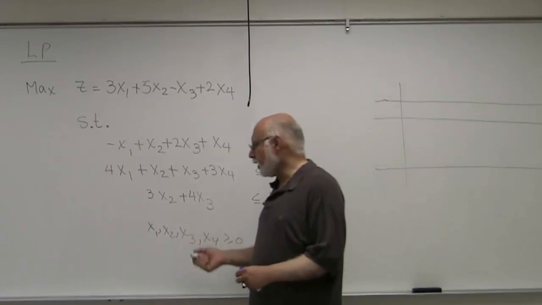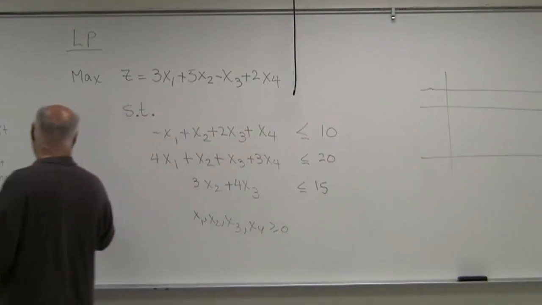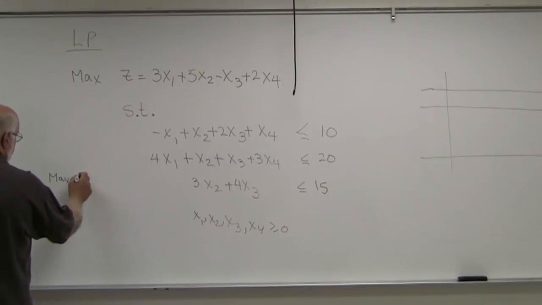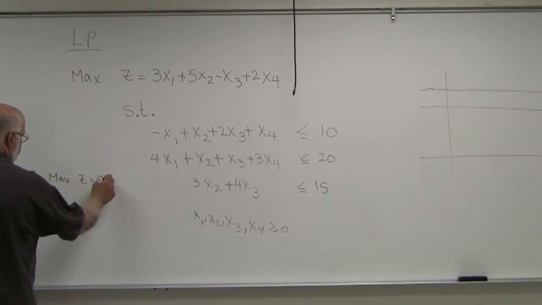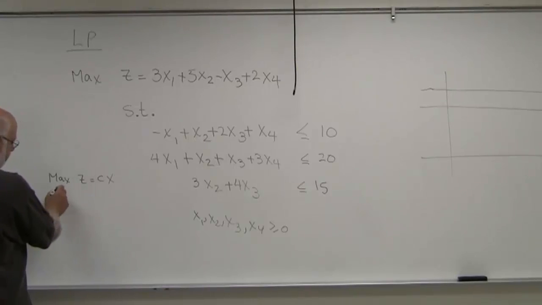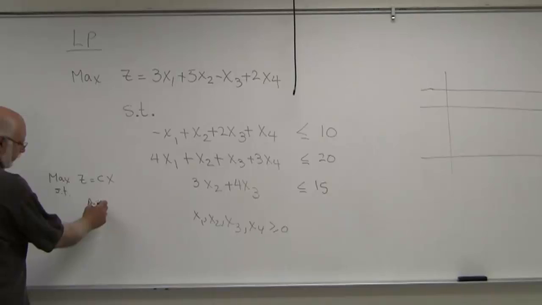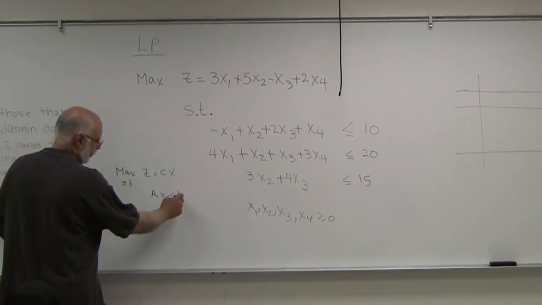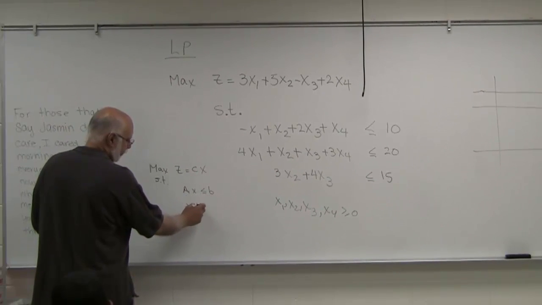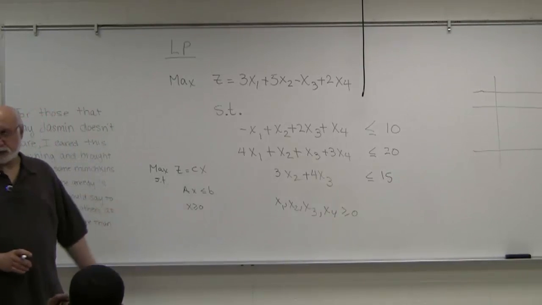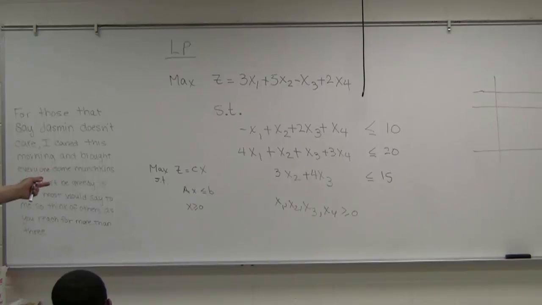In matrix format, this problem is maximize z equal cx subject to Ax less than or equal b, with x greater than or equal to 0. And you remember, these are all matrices and vectors.